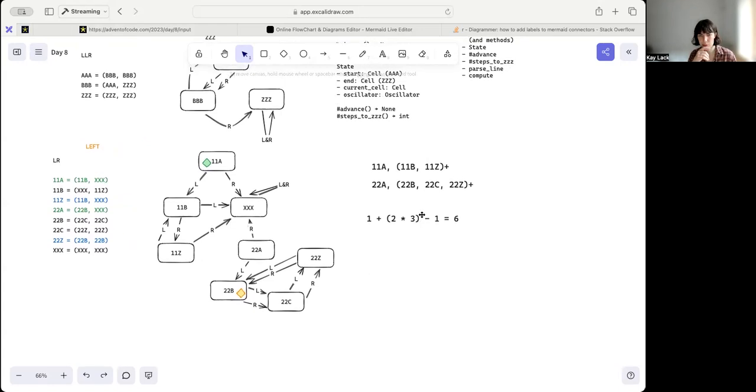What I really need to do is, as we take each point and we move on from it, I need to be able to detect when we're in a cycle.